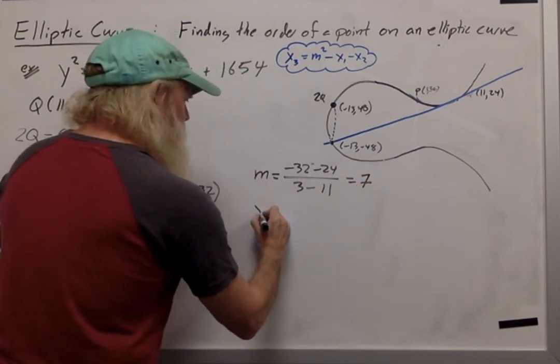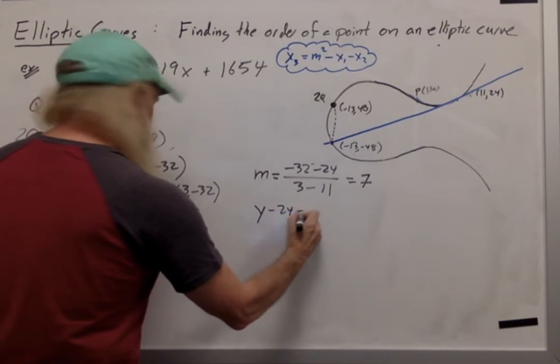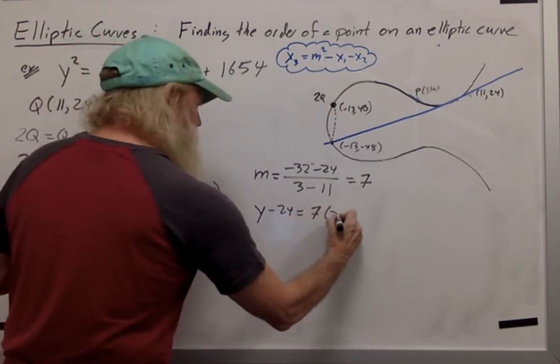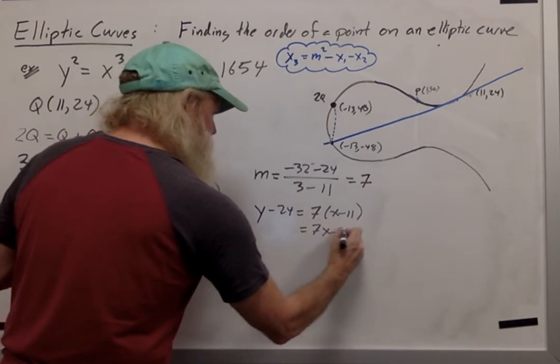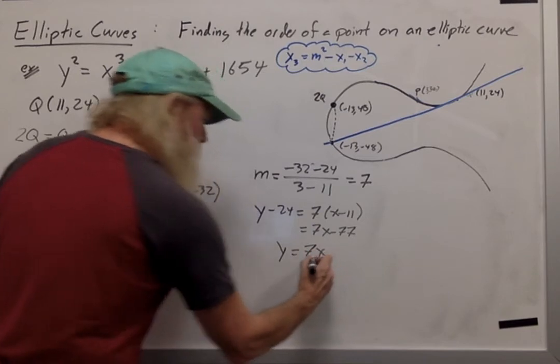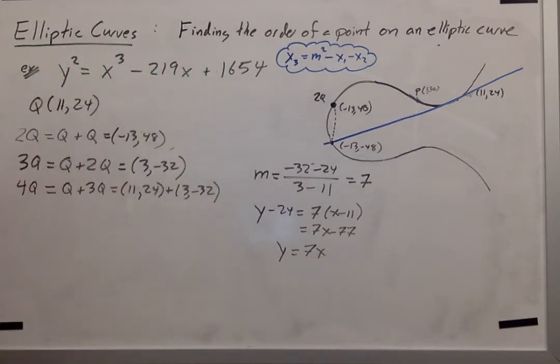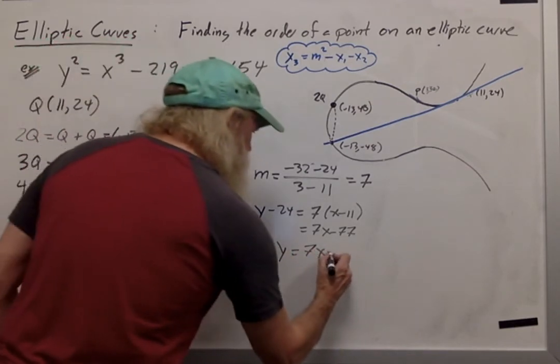So the equation for the line will be y minus 24 equals 7 times (x minus 11), which is 7x minus 77. So adding 24 to both sides, I get that y is equal to 7x minus 53.